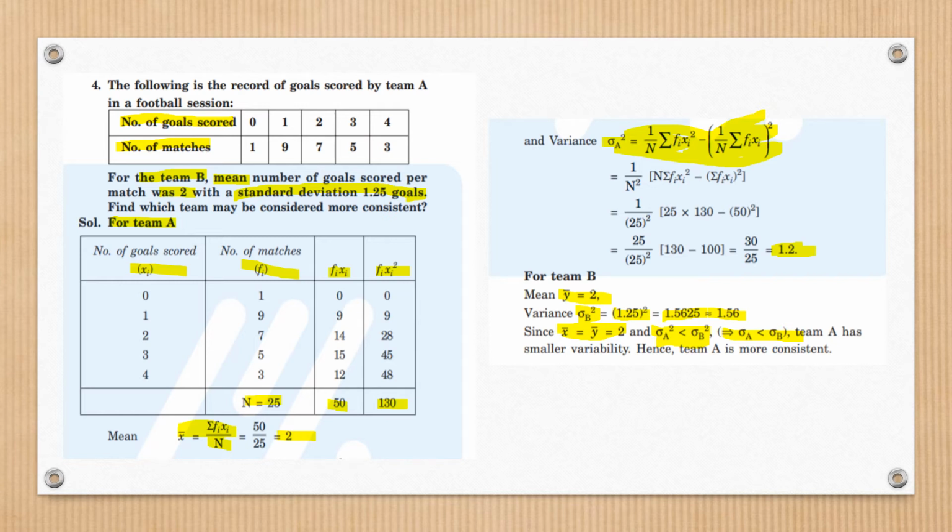So if you want to avoid going for standard deviation unless it is asked, on the basis of variance also you can conclude the answer. That means team A has smaller variability, so team A is less variable. Hence, team A is more consistent. Consistent means one who is less variable or more stable is more consistent.